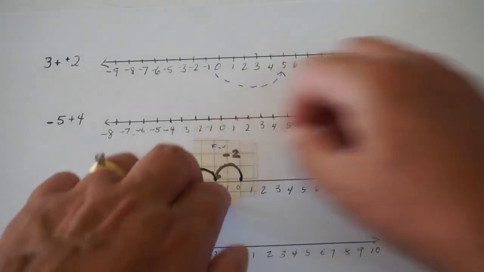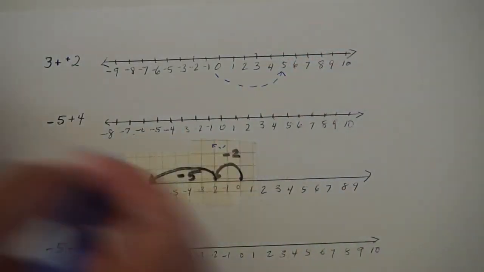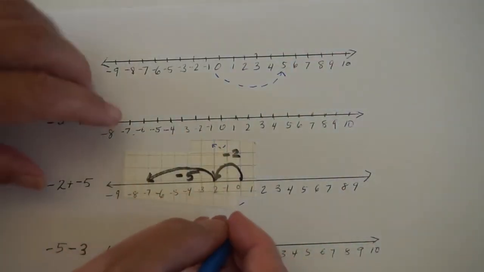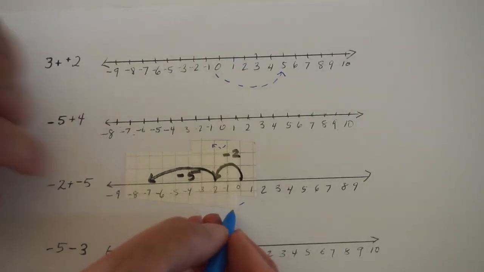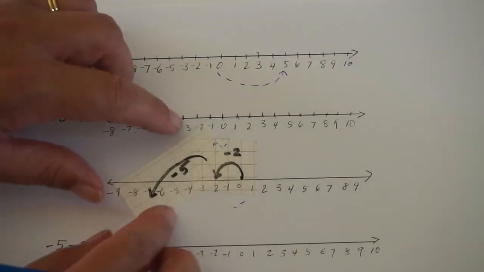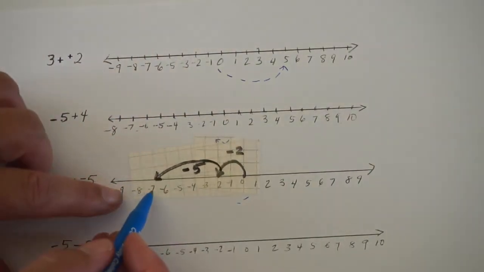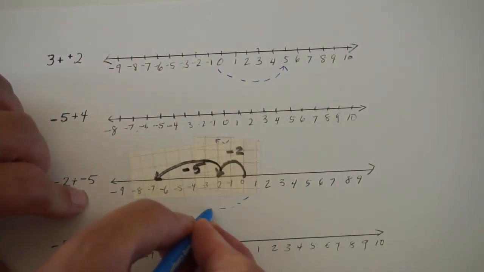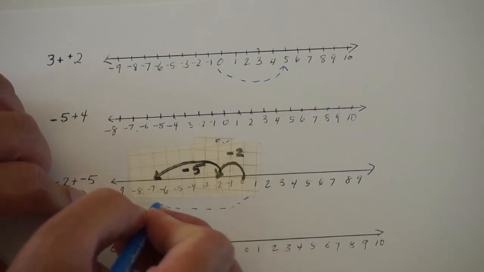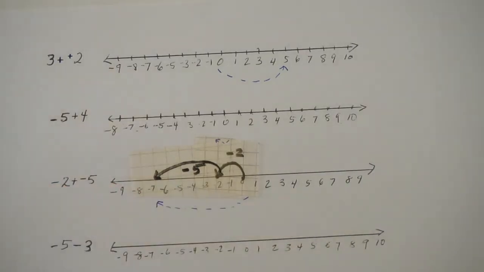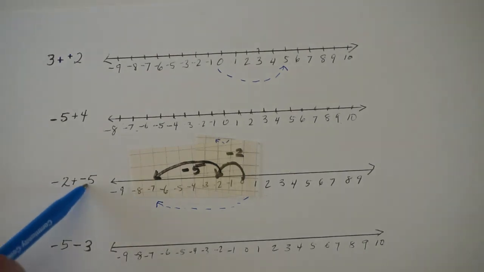And we see that negative 2 plus negative 5 results in negative 7. Oh, I'm having trouble with my transparencies moving around, but you can see that we're over here on negative 7 when we finish, and it is the case that negative 2 plus negative 5 is equal to negative 7.